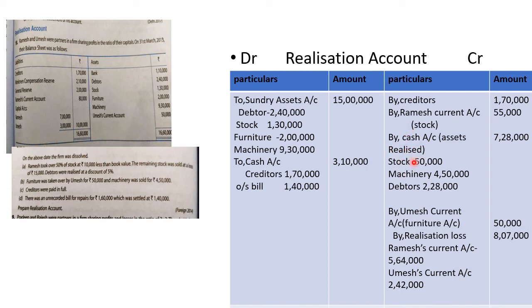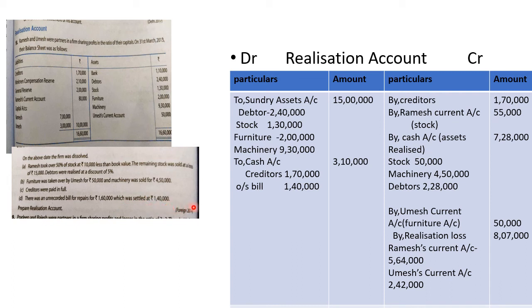Now we had realized this asset. Next is we have to pay off the creditors. Here it is given creditors were paid in full. So when creditors are paid, that will be recorded in the debit side to cash account. We had written 1,70,000. Same way, next it is also given that there was an unrecorded bill of repair of 1,60,000, which was settled at rupees 1,40,000.